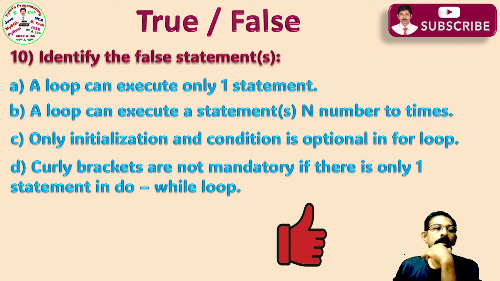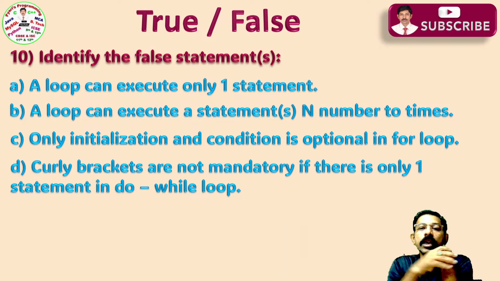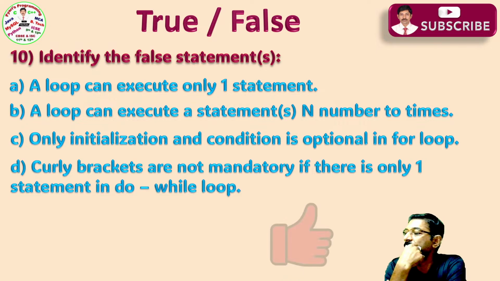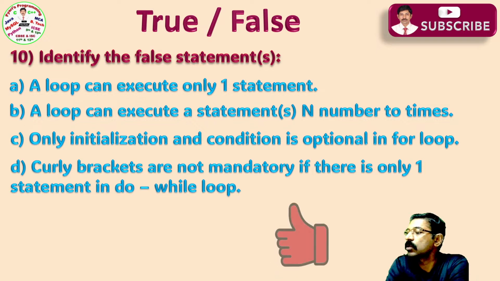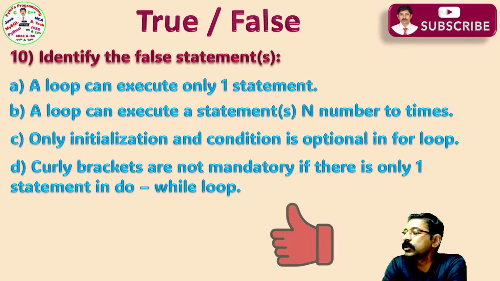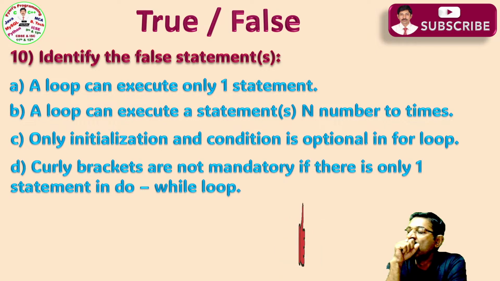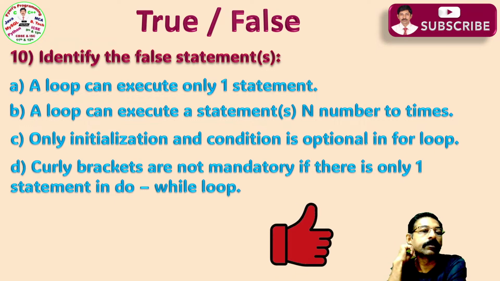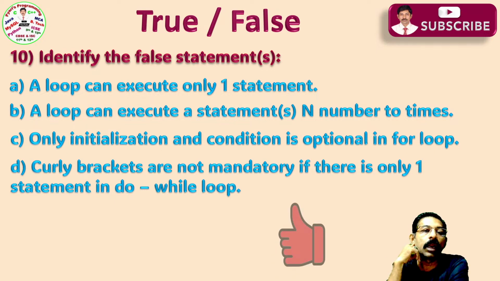Then C. Only initialization and condition is optional in the for loop. Option C. C and D. Good, Subramsu. Pravanjan C. Vaisali C. Arushi C. Curly brackets are not mandatory even if there is only one statement in do while loop.